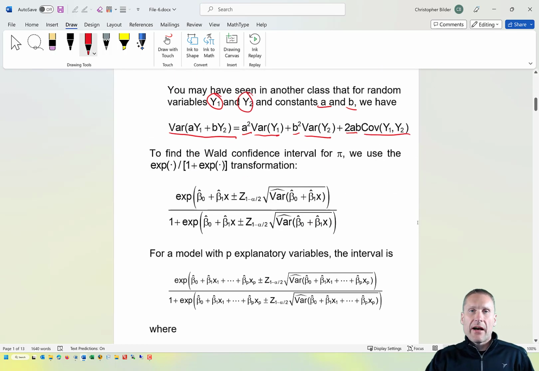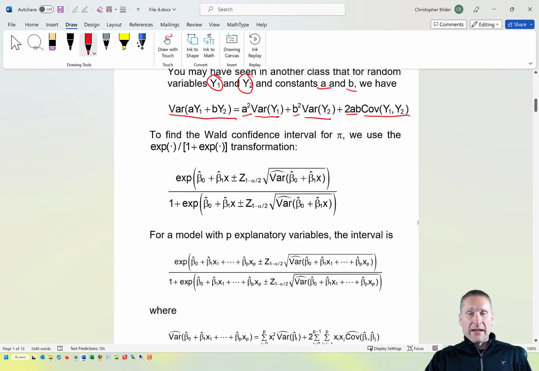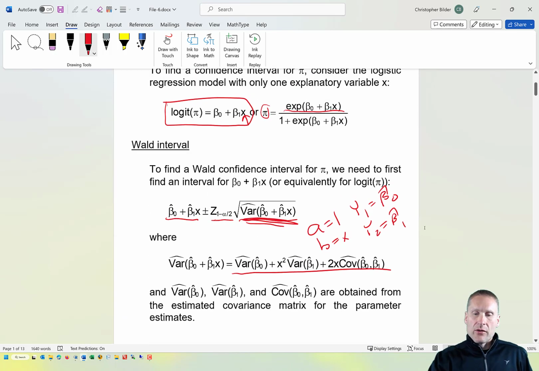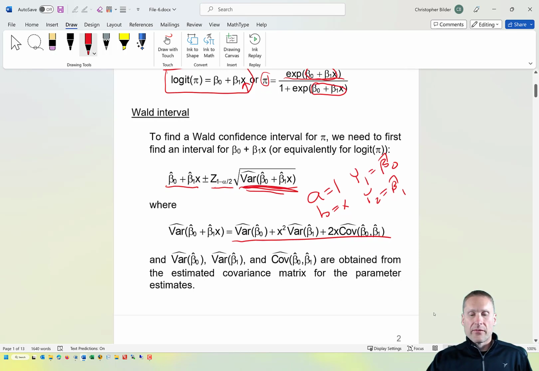So now that I have a confidence interval for beta 0 plus beta 1 times x, notice in this alternative formulation of my logistic regression model, look where beta 0 plus beta 1 times x appears. So I can use this same kind of transformation to find the confidence interval for pi.